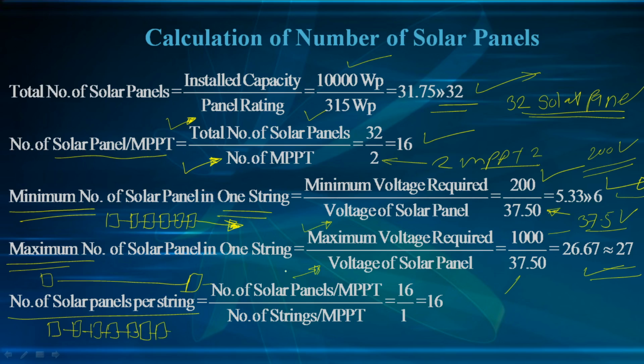To calculate this optimum number, we take the average, 6 plus 27 divided by 2, and we get 16 panels as the optimum. Alternatively, we can say how many strings per MPPT the inverter allows: we take the number of solar panels per MPPT that we calculated and divide by 1, the number of strings per MPPT. We automatically get the optimum number of panels in series combination, that is 16 panels. Further, we proceed to draw the diagram.